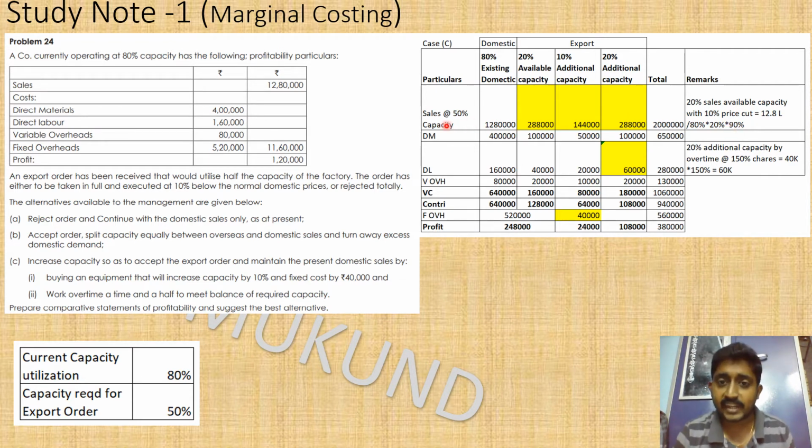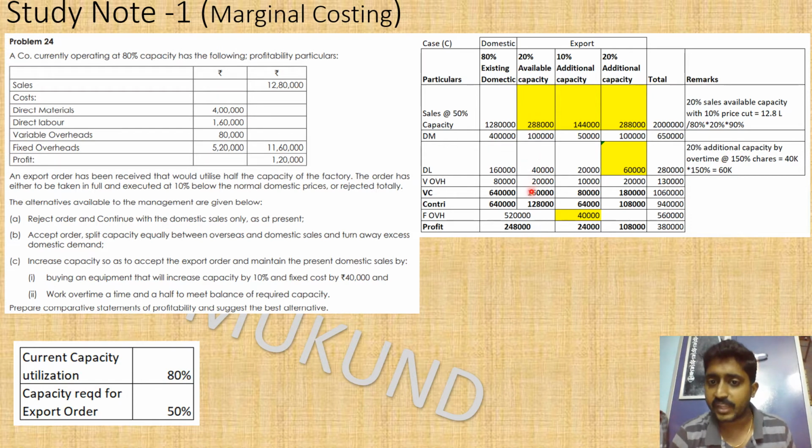So 12.8 lakhs is for 80%. I am dividing the 12.8 lakhs by 80%, multiplying by 20% and multiplying by 90%, so that the 10% price cut is also applied. Apply the similar formula, divided by 80% multiplied by 20%, for the direct material, direct labor and variable overheads.